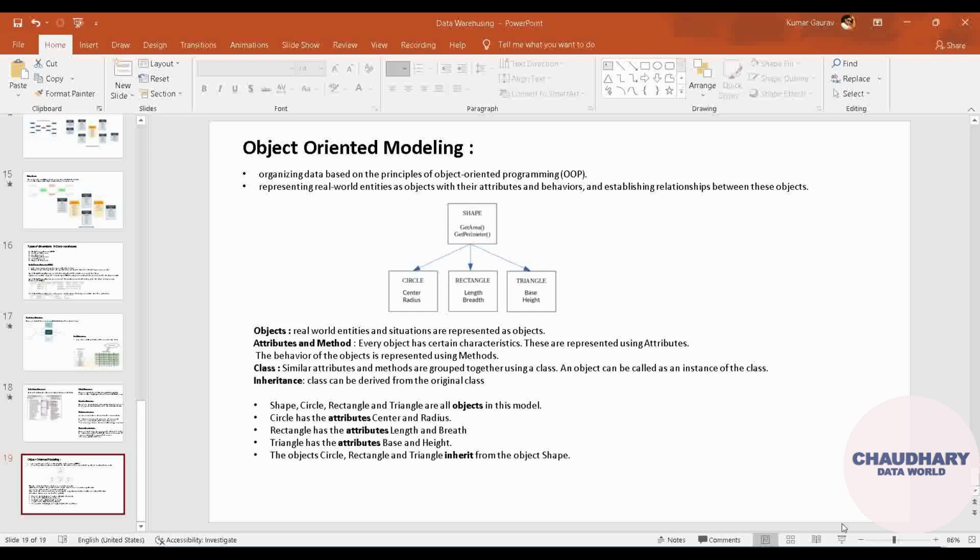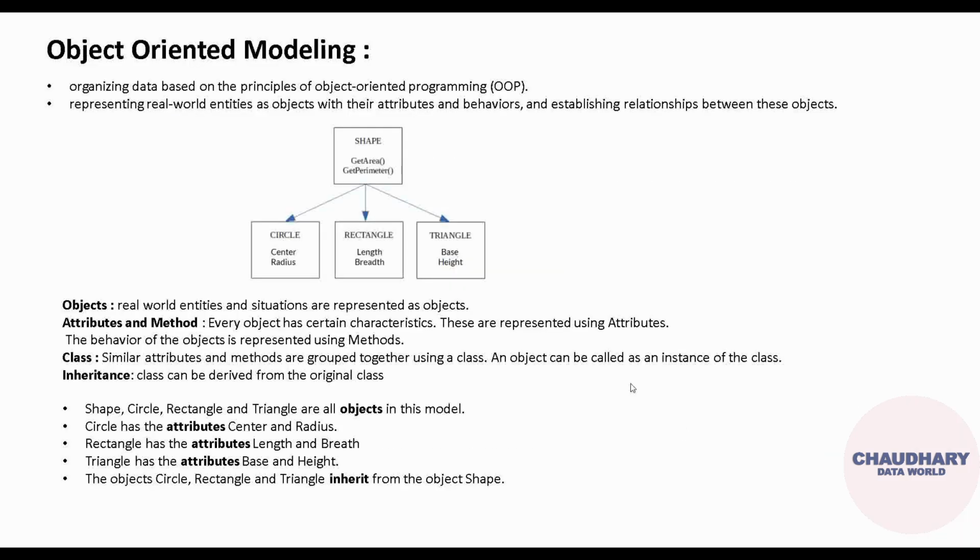Let me go to the presentation mode so that the fonts will increase. You can see here we have one example in which there are different tables: a shape table, circle, rectangle, triangle. These tables contain the parameters, or you may say attributes, associated with them. For the circle, you can see it has a center and radius, rectangle has length and breadth, triangle has base and height.